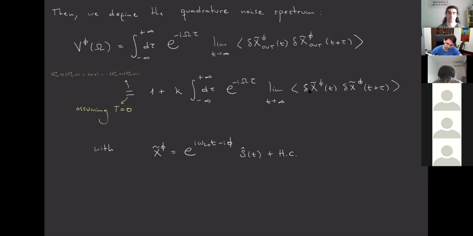Okay, so let me remind you very quickly, because I'm not sure how much you remember of it, but I hope a lot because you will have the exam next week. The output operator, remember, can be written as the square root of kappa times the system operator, minus the input operator. Okay.